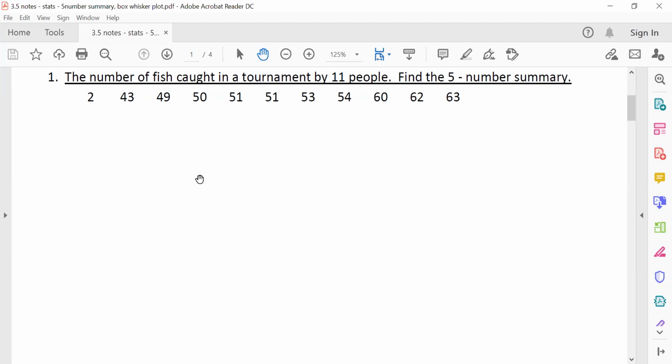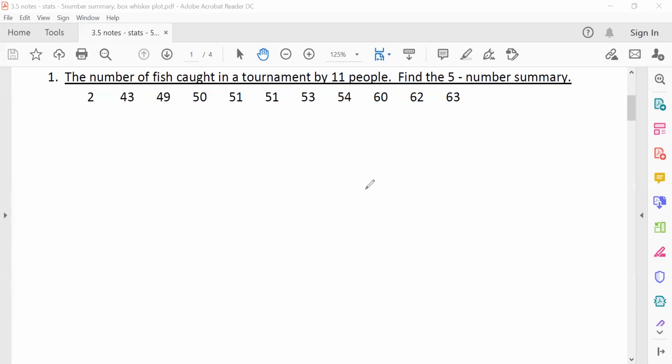Pretty much you're required to do it, especially to find the median. Thankfully, the data has already been arranged for us from least to greatest. 2 different people caught 51 fish, so 51 is the mode here. No other number appears more than once. So 51 is the mode, but we're not really concerned with the mode a whole lot.